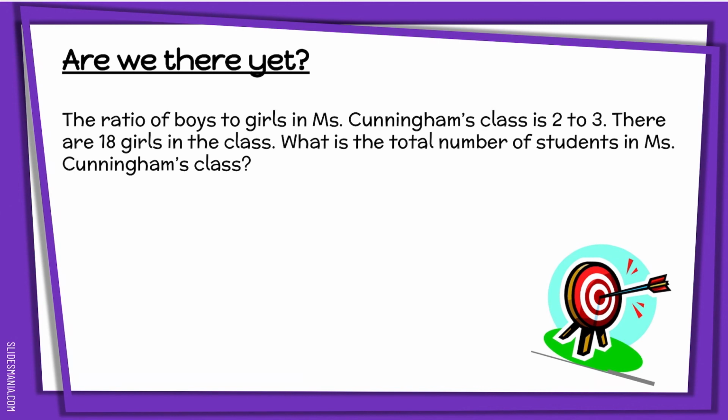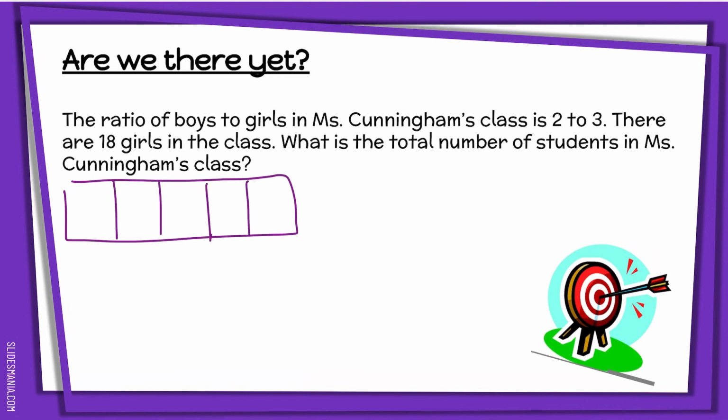Well, I'm going to start with a strip diagram. So I see that the ratio is 2 to 3, which means 2 boys for every 3 girls. And then they tell me some very important information that there are 18 girls in the class. So these 3 tiles that I have written G in represent 18.